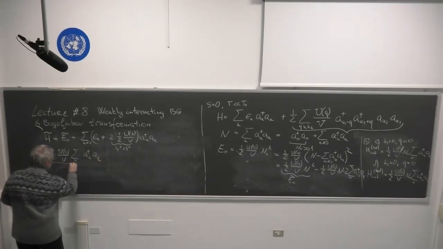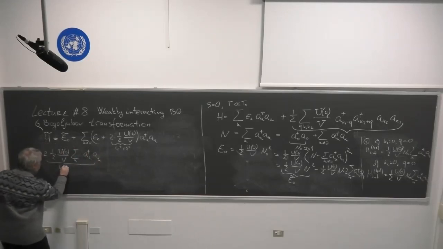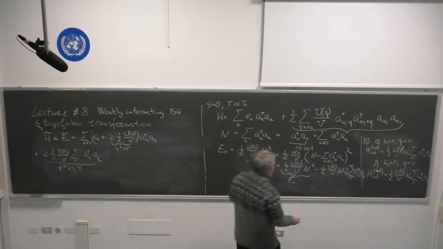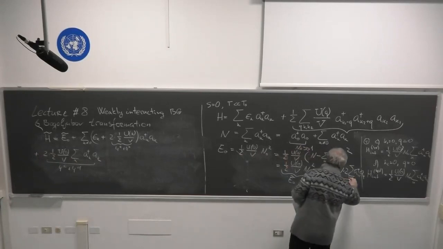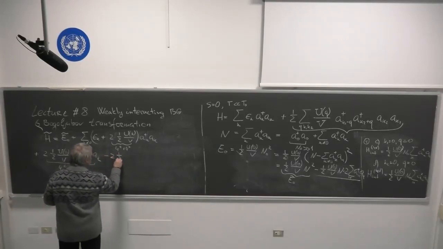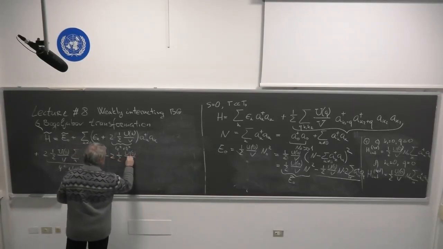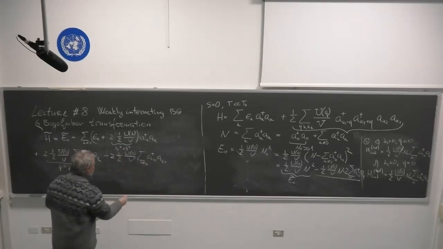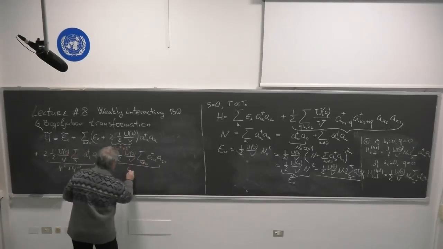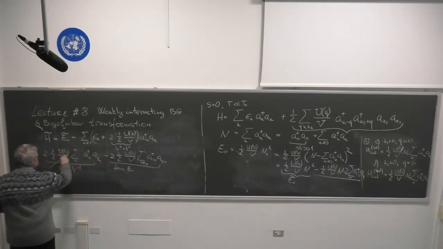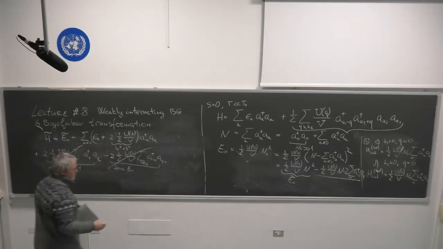This is for C plus for D. Then I have this term out of E node, minus 2 times 1/2 U node over V sum over k a dagger k a k. This is from E node. And you see that these two terms exactly cancel each other.